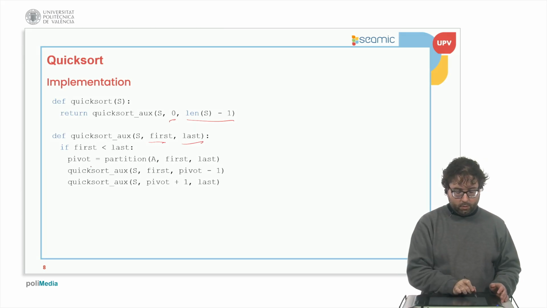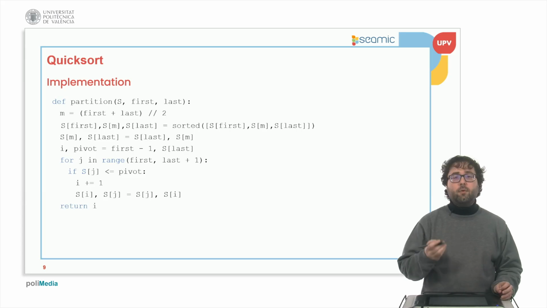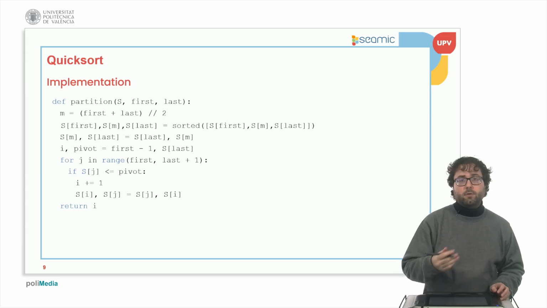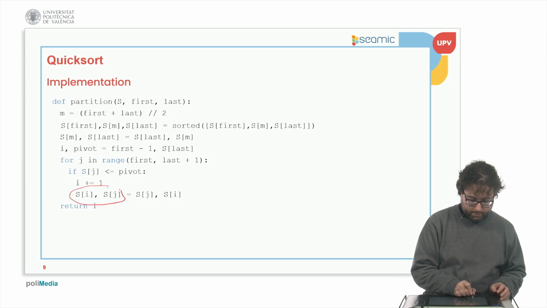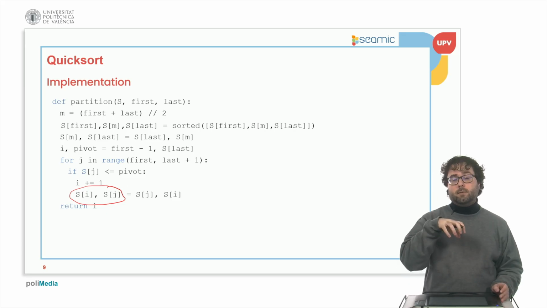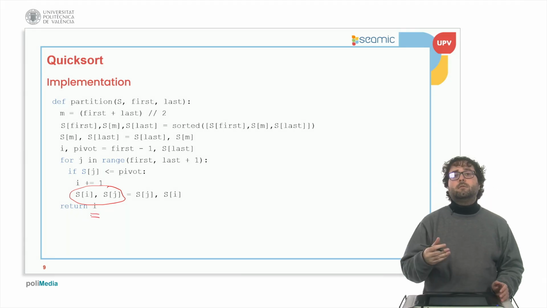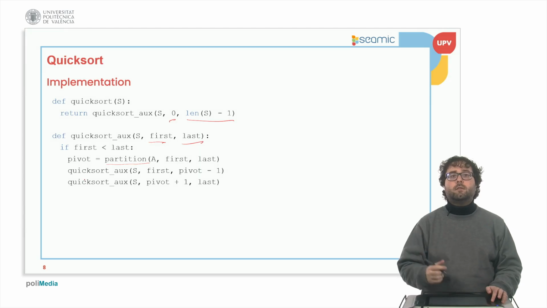Then we use another function that will compute both the pivot and the unsorted, making what is called an in-place function that will be updating the values on the original list, and we will return the position of the pivot that is needed for doing the recursion.